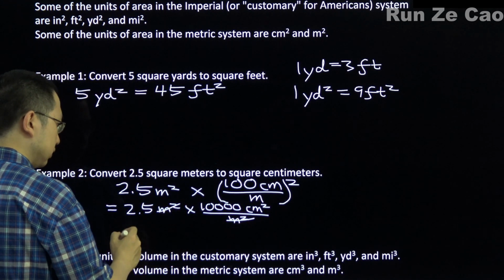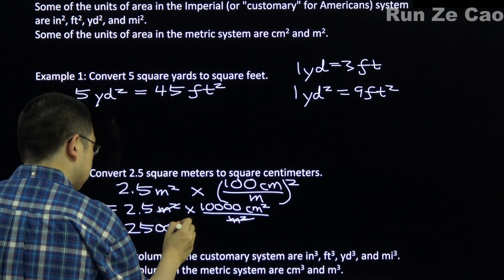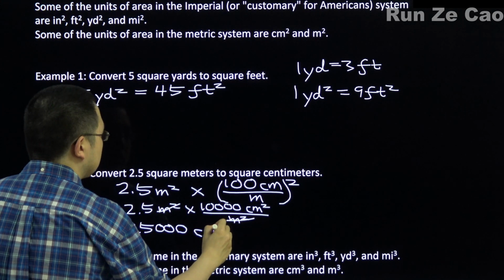So you cross these out, and you end up with 25,000 centimeters squared.